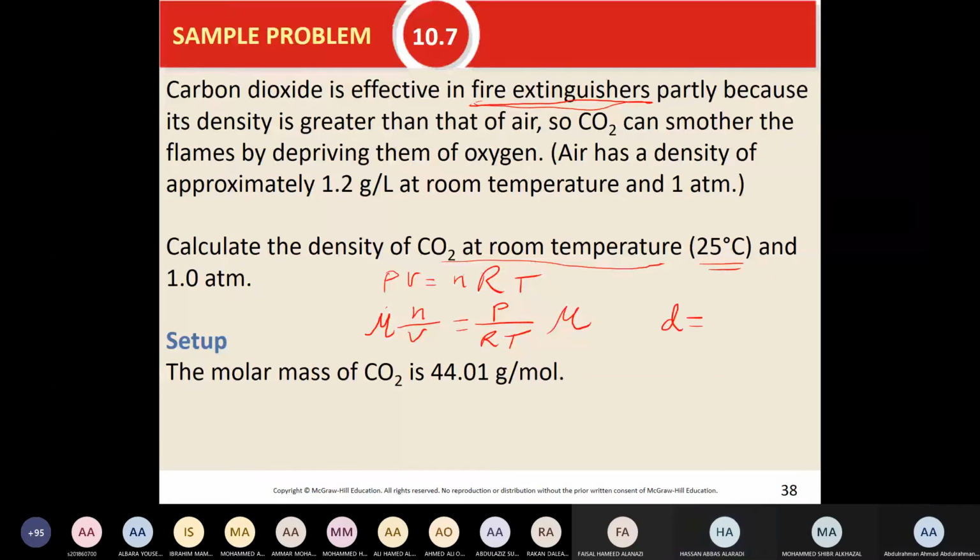D equals PM over RT. Good. Let's do this calculation very quickly. The molar mass of CO2 is 44.01 gram per mole, the pressure is 1 atmosphere, and the temperature is 25. Calculate the density quickly.